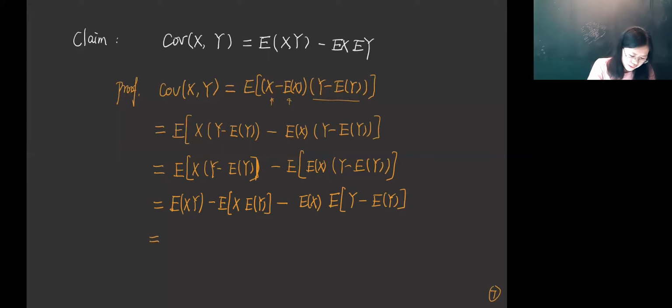Now for these terms, E[XY] stays the way it is. And for this term, again, realizing E[Y] is non-random, a constant, just like the little a multiplied to the random variable X, it can be taken out of the expectation. So we get this to be the expectation of X times the expectation of Y. This is a scalar, so it doesn't matter whether I put E[Y] on the left or on the right.